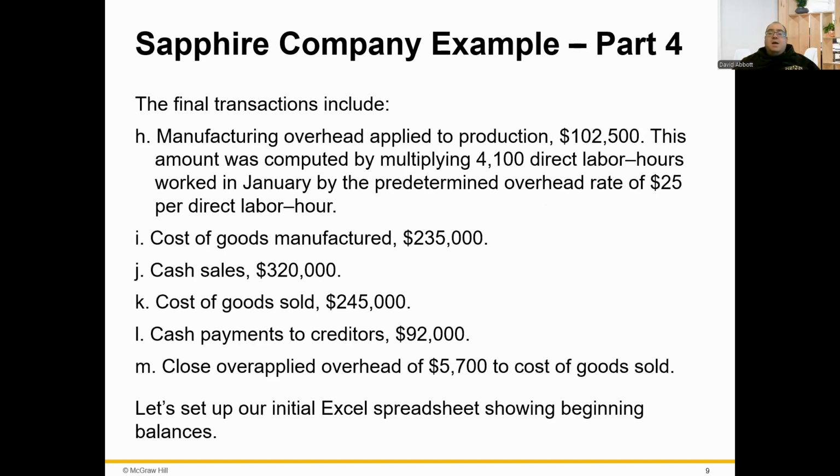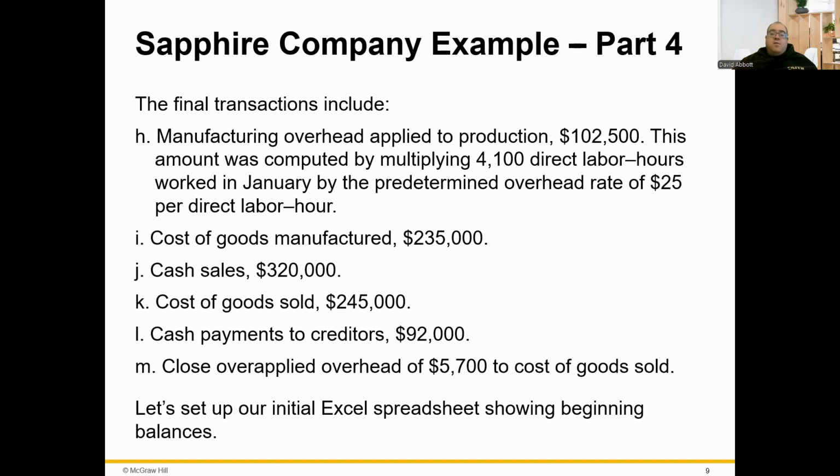And then they had manufacturing overhead that they applied for the period of production of 102,500. This amount was computed by multiplying 4,100 direct labor hours worked in January by the predetermined overhead rate of $25 per direct labor hour.